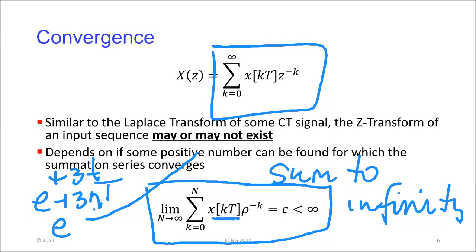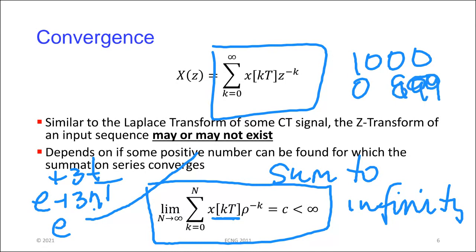The beauty about dealing with discrete time systems, however, and it's not so much part here, but you will meet it later on if you do things like discrete signal processing, is that if something is not summing to infinity, you can basically pick the values out of it. So let's say xkt has 1,000 values, numbers 0 to 900, or if you want 0 to 899, the first 900 values will converge, but values 900 to 1,000 behave like this exponent that we have here.